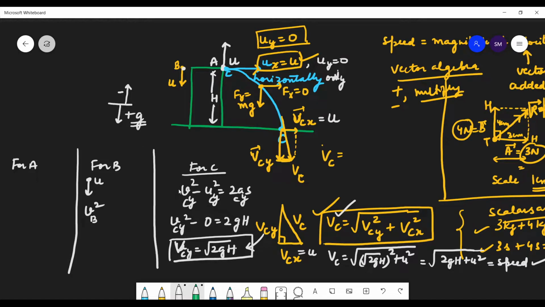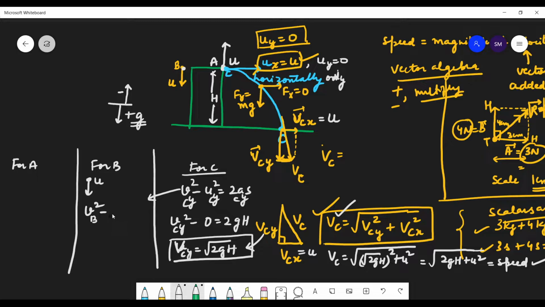Same formula we will be using here. This was for C, this is for B. So no need to write y, because it's only in the y direction, only vertical motion. In case of C, it was horizontal as well as vertical, so that is why we were writing both y and x.